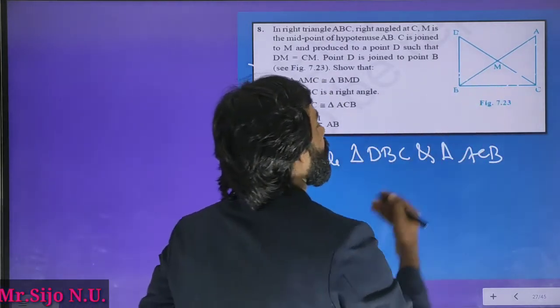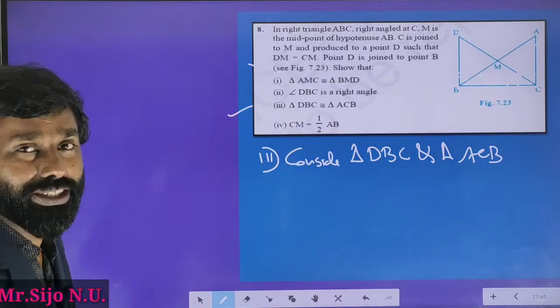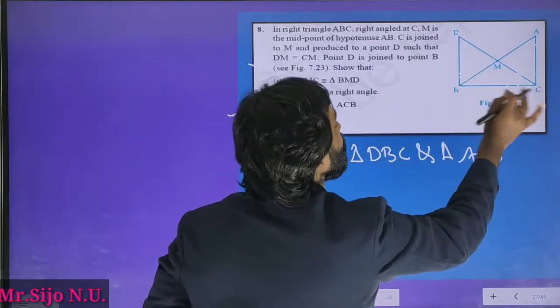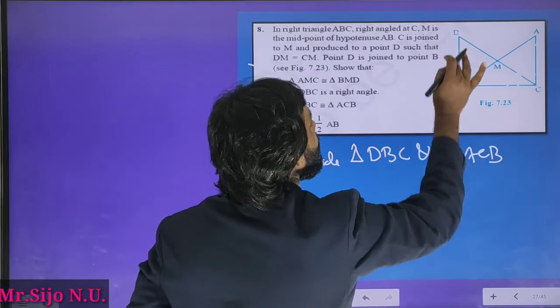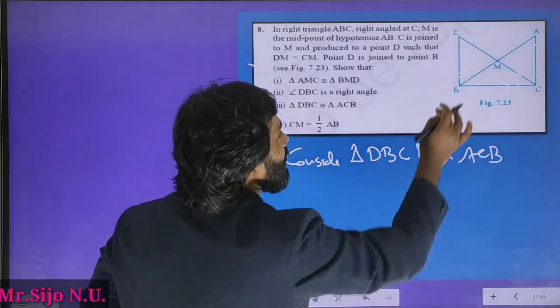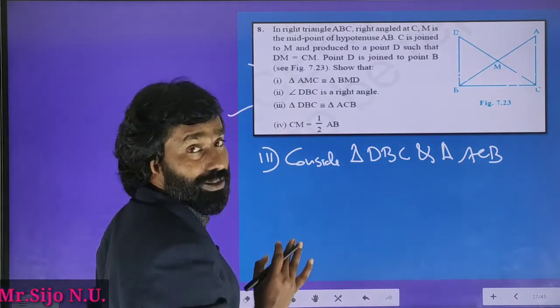Now look at this figure. Can any one of the rules be applied to prove these two triangles are congruent? Yes. Here BC is a common side. This side equal to this side, proved in the first case by CPCT, right? And this angle equal to 90 degree, this angle also 90 degree. So by using AAS rule we can prove.